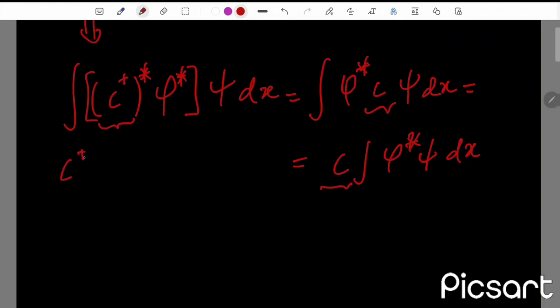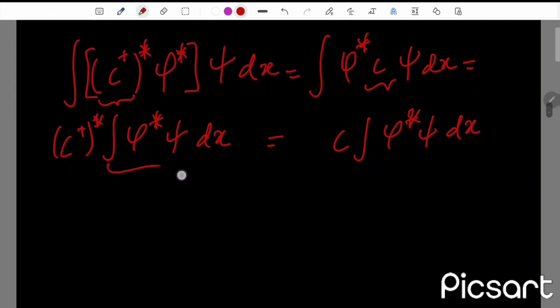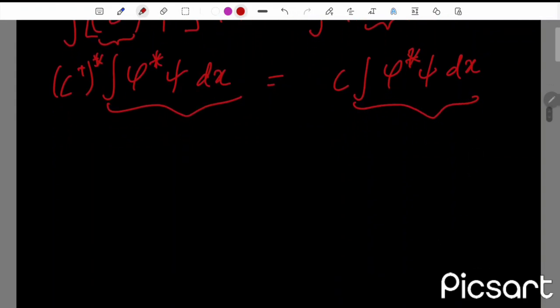And we have C dagger complex conjugate times the integral of phi complex conjugate psi dx. Now this expression is equal to this one, so that we can simplify, and we get C dagger complex conjugate equal to C.